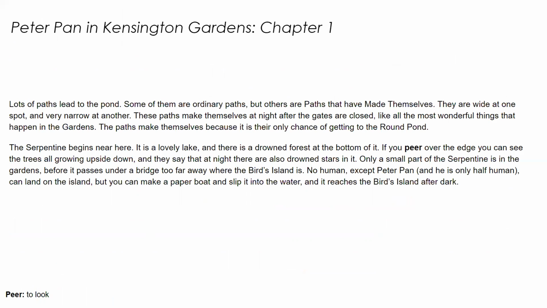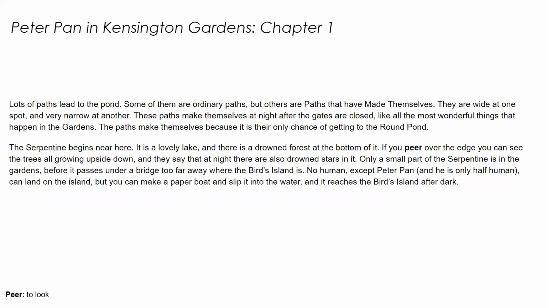Some of them are ordinary paths, but others are paths that have made themselves. They're wide at one spot and very narrow at the other. These paths make themselves at night after the gates are closed, like all the most wonderful things that happen in the gardens. The paths make themselves because it is their only chance of getting to the Round Pond.